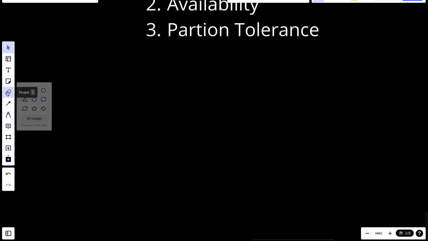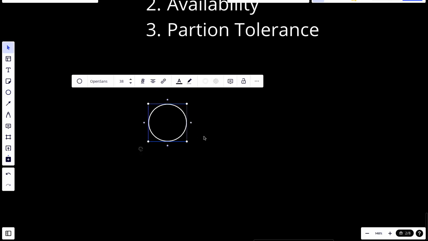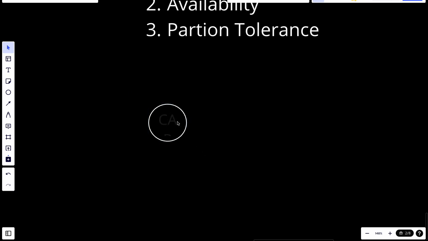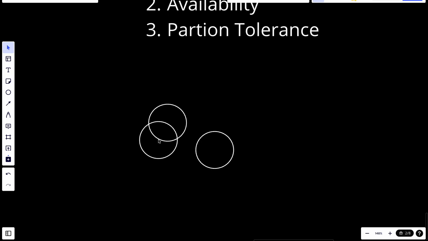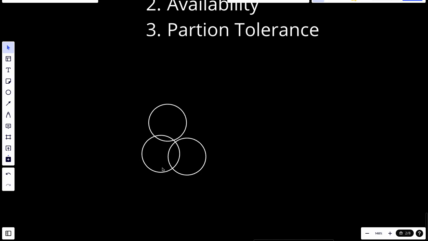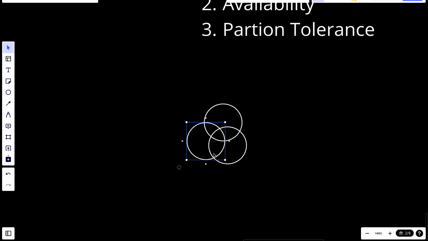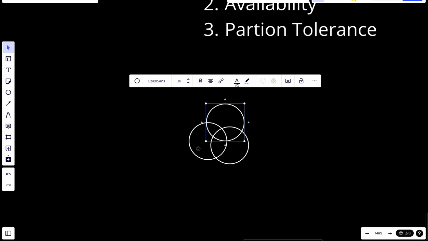So it will look like something like this. Oh no, what is this? Delete please. Let's copy it. So basically, let's say this one will be consistency.